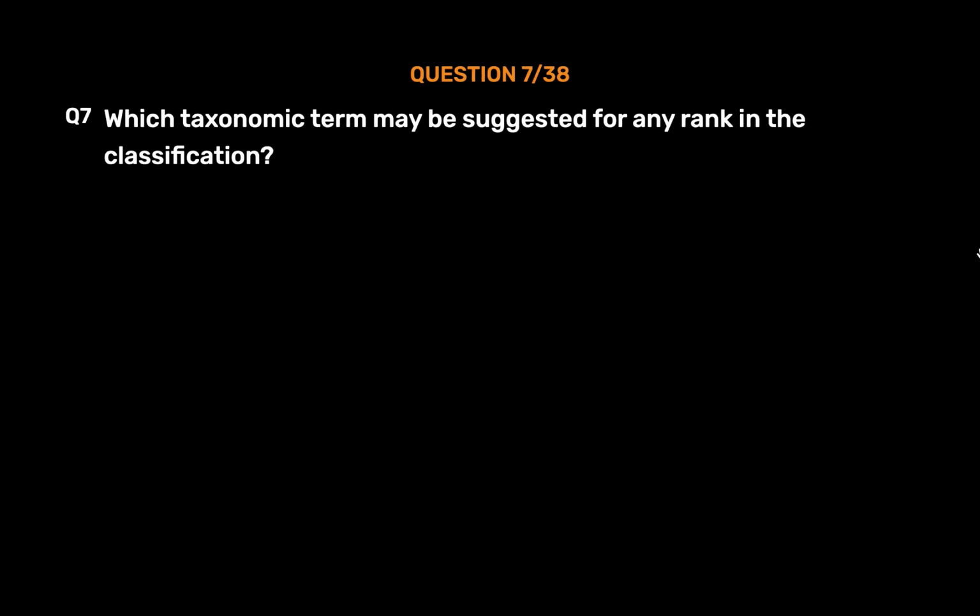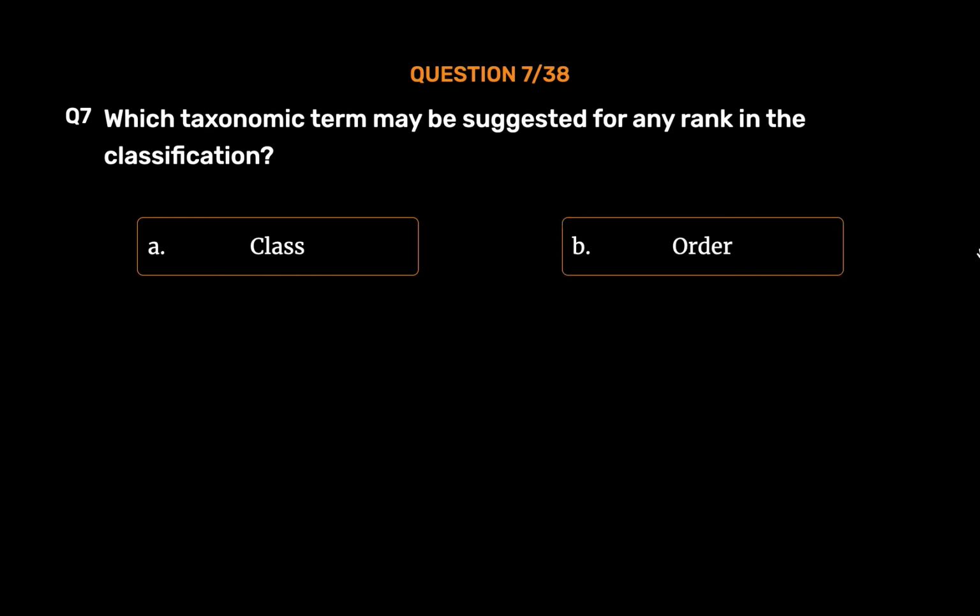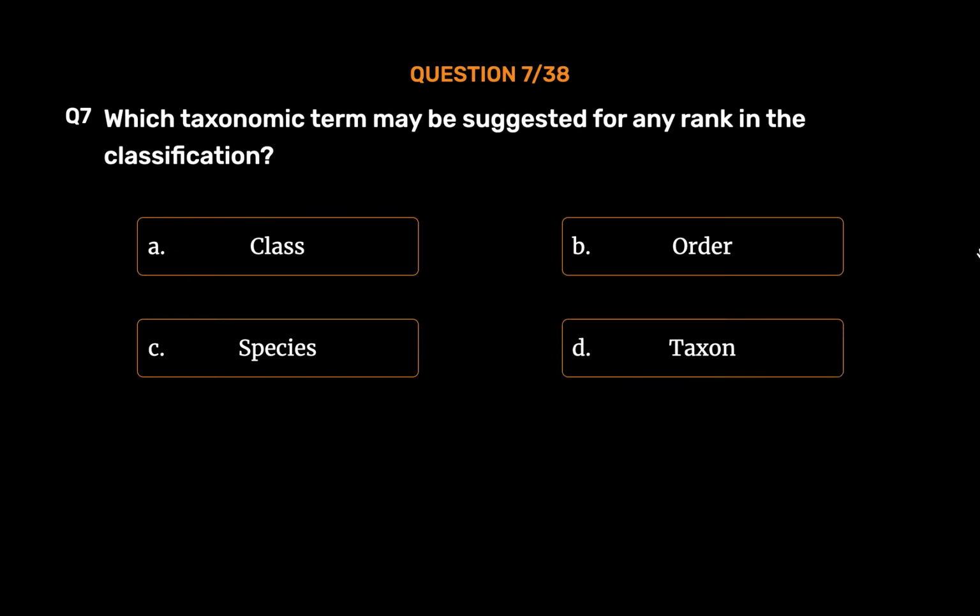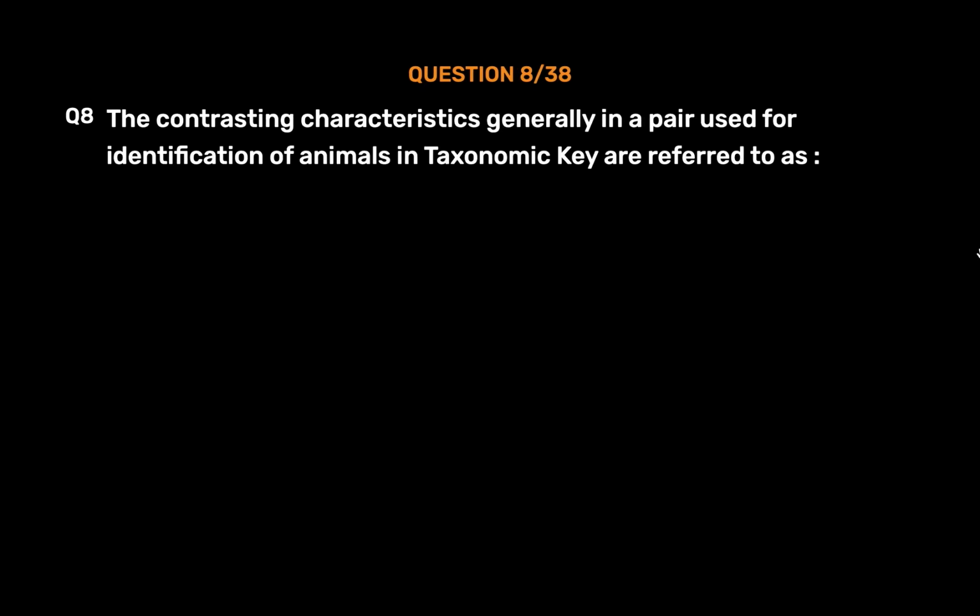Question number 7. Which taxonomic term may be suggested for any rank in the classification? Option A. Class. Option B. Order. Option C. Species. Option D. Taxon. The correct answer is Option D. Taxon. Question number 8.